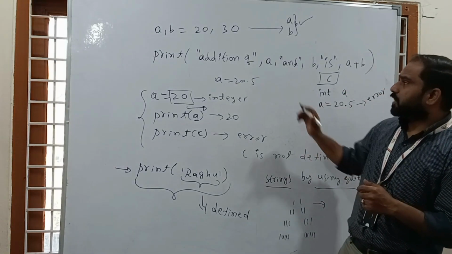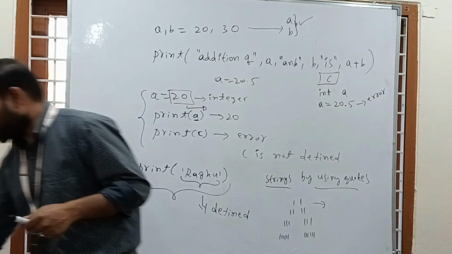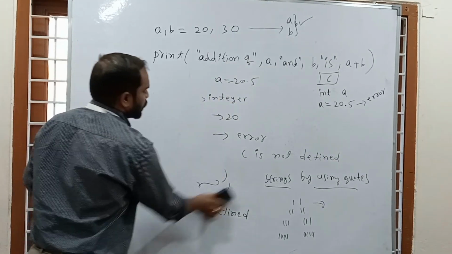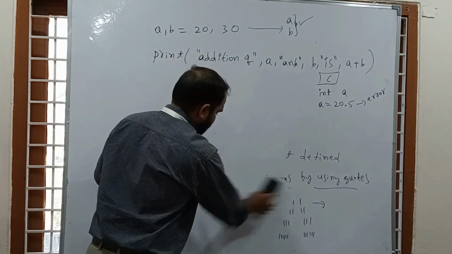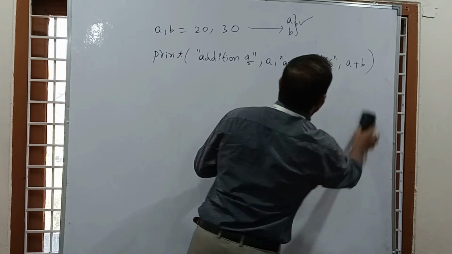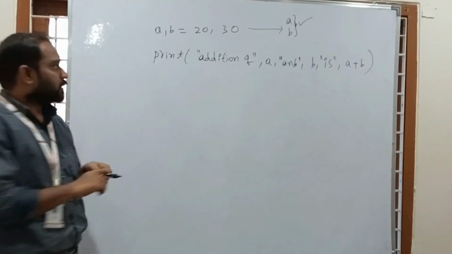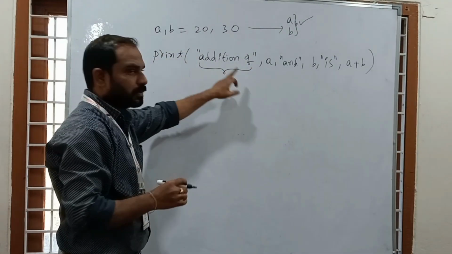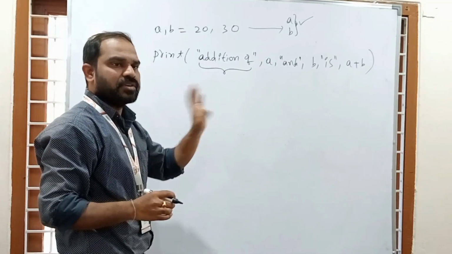That's why, if you observe the statement we have written to print the addition of two values and the result, this text is defined from here to here. You can use single quotes or double quotes.